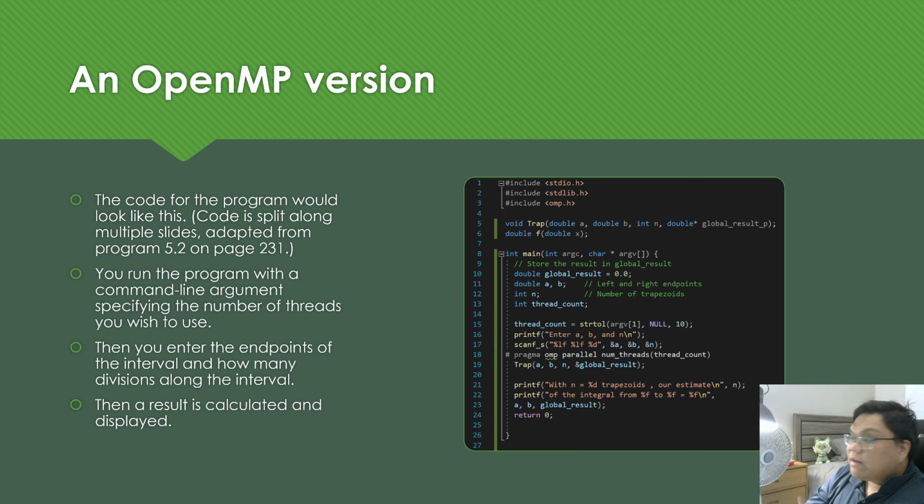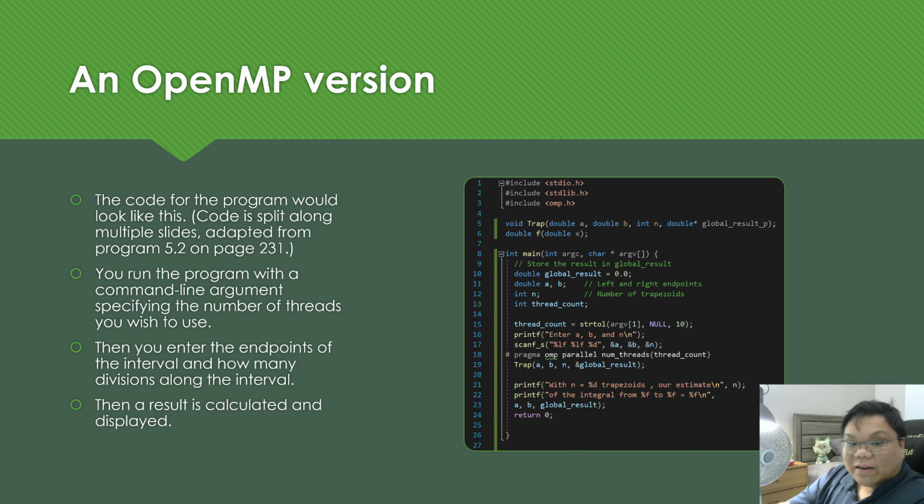So you would run this program passing in as a command line argument the number of threads you wish to run this program with. We could modify this such that we can also pass in not just the thread count, but also A, B, and N. That is an option, but that would require passing in 4 things at once, which is a little bit difficult.